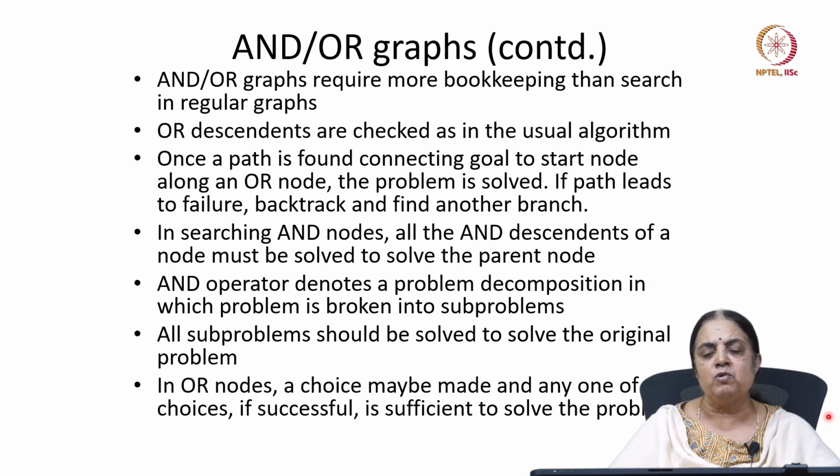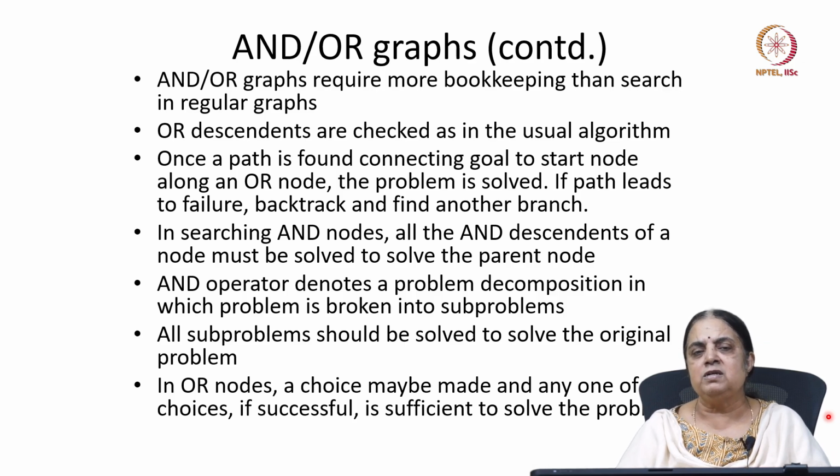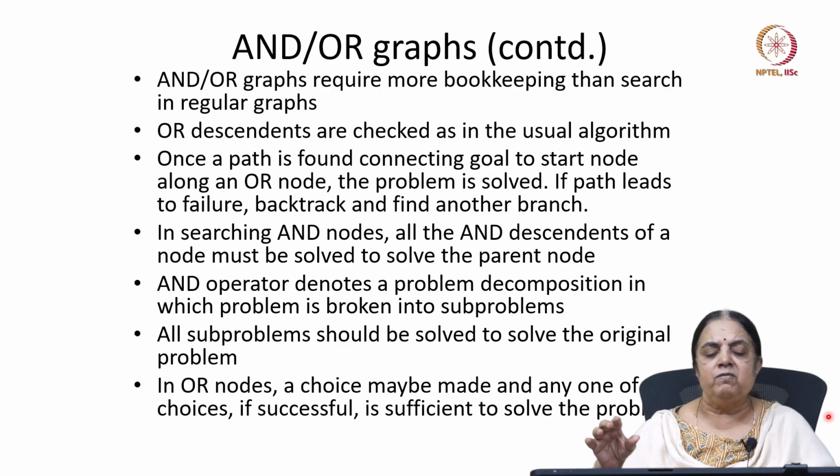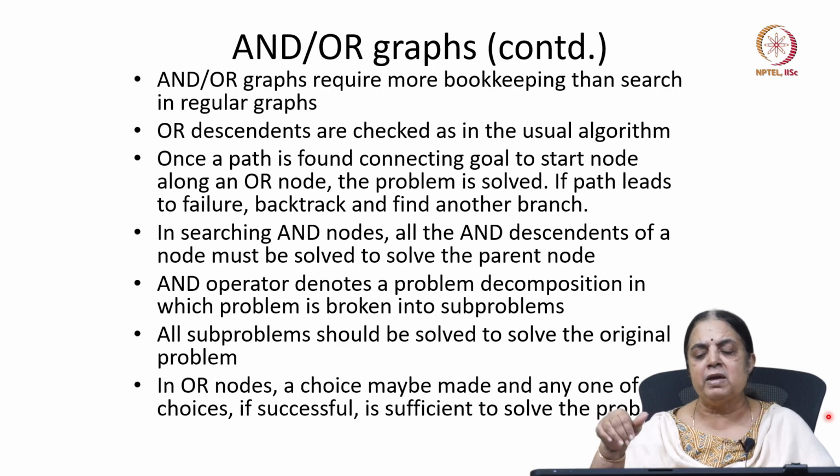It requires more bookkeeping, because as soon as we get a solution to one, we find that one goal has been reached. It doesn't mean that you have solved the problem completely. You may have found only half a goal; you may not have found the complete goal. So when you are searching AND nodes, all the AND descendants of a node must be solved to solve the parent node.